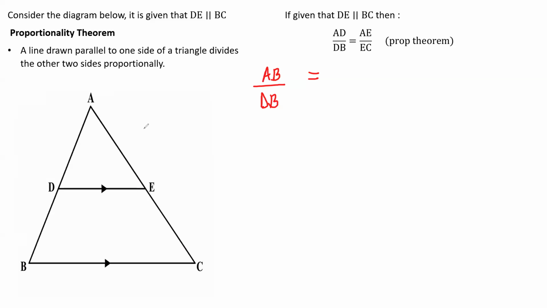It means on the other side, I will say AC over EC. So with proportionality, the point is what you do on one side is literally what you do on the other. Now, commonly speaking, we usually write it and say AD over DB is equal to AE over EC. Fine. That's all good and well.